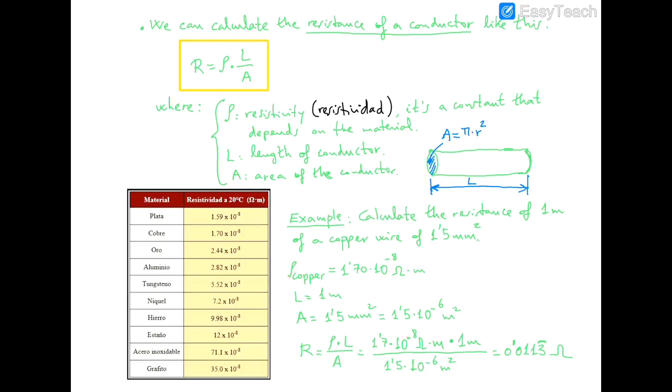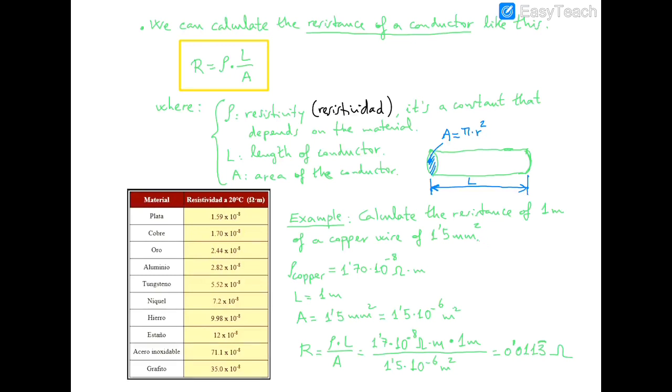Let's calculate the resistance of 1 meter of a copper wire of 1.5 square millimeters. Well, the data will be the resistivity of copper, which is this value, the length of the conductor, 1 meter, and the area of the conductor, 1.5 square millimeters.